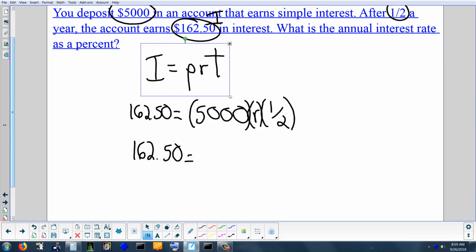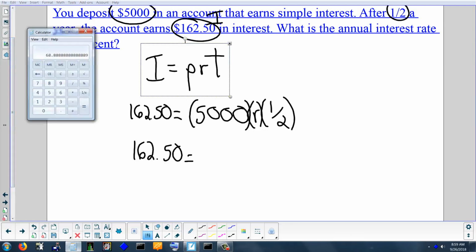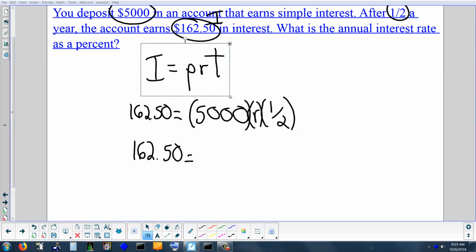Mary? You can multiply the 5,000 by half. Yeah, 5,000 by a half. If I wanted to do that on my calculator, I could do 5,000 divided by 2. 2,500.